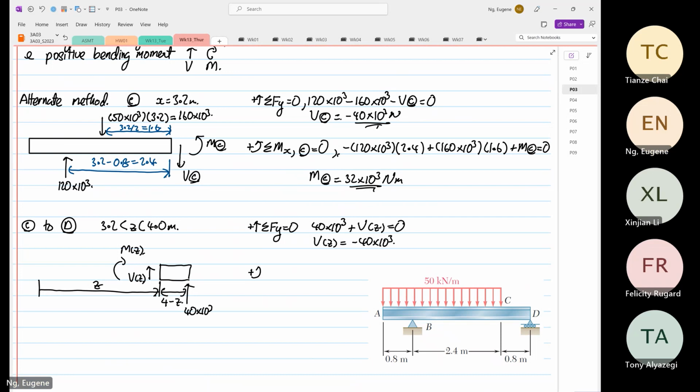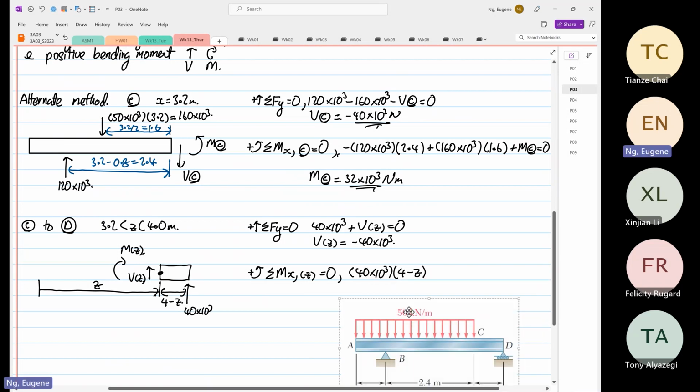And then the bending moment, M as a function of z. So we're going to do this point now, right? So it's going clockwise. So 40 times 10 to the power 3, right, times 4 minus z. Okay. And then we're going to have what?